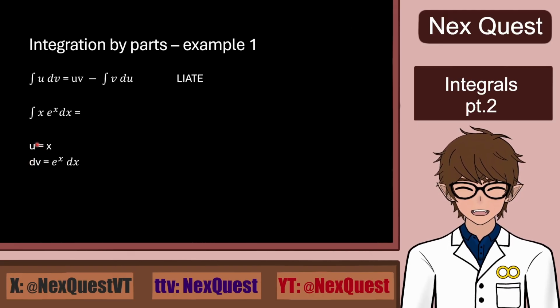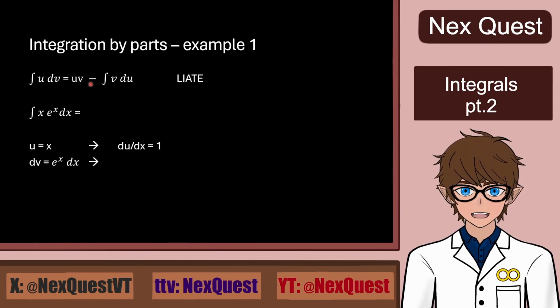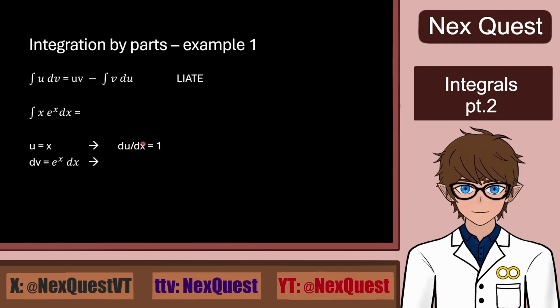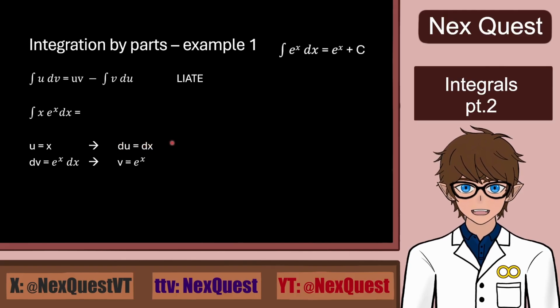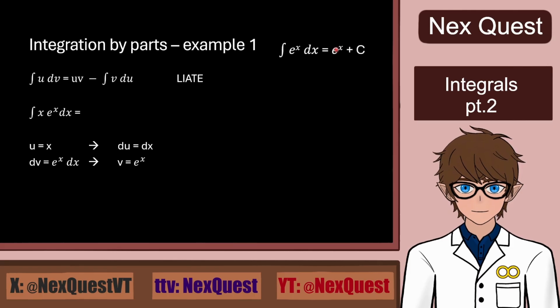Now we need to differentiate the u and integrate the dv, so we have all four parts to have our formula. So the derivative of u is written as du over dx, and the result of that is 1, since the derivative of x is 1. I just carry the dx around, so we get du equals dx. As for the integration of our dv, we use the table, and we get that v is e to the power of x.